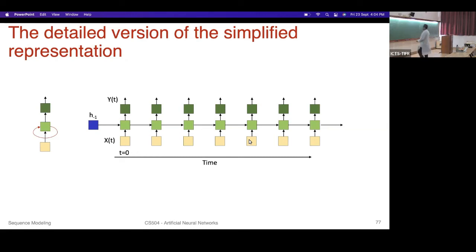So I can expand this as a set of input weights, let's call it wi transpose xt, plus a set of weights connecting the hidden layers, transpose ht minus 1, and a nonlinear activation which is applied on it. Yes? Clear? Yeah? Good. So this is a very, very basic recurrent neural network.